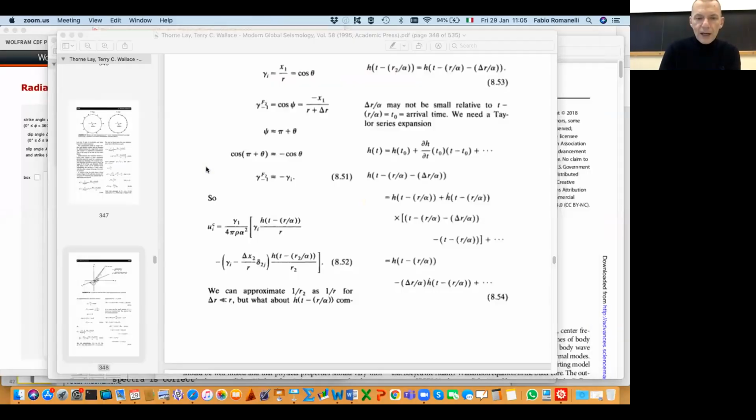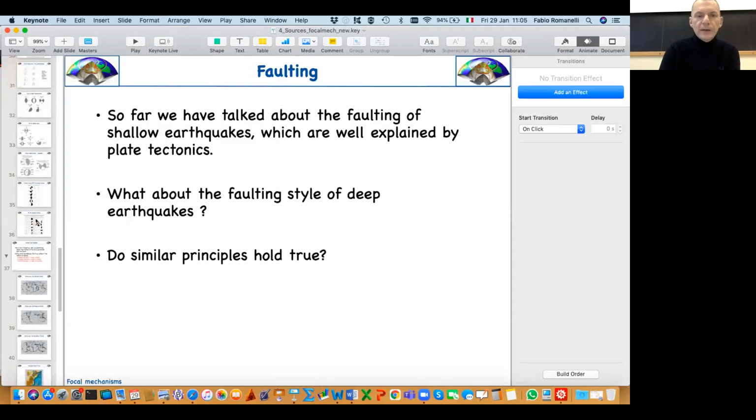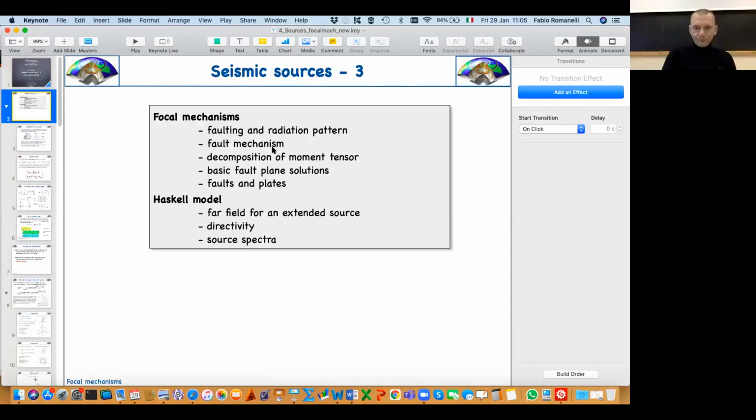Okay, let me share my screen and let's start again from this new lecture and what we are going to do today. This is the roadmap. We're going to use the concepts and the expressions we derived.